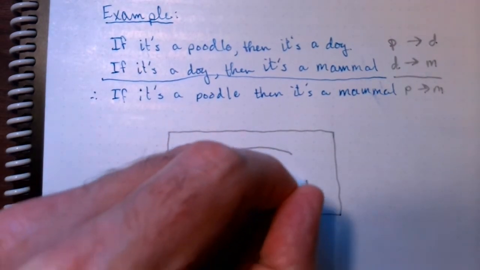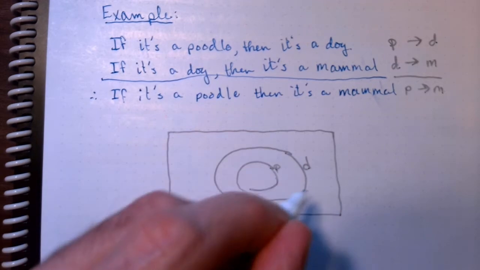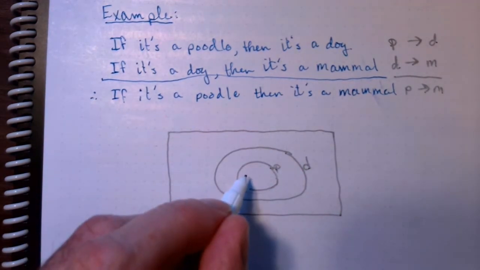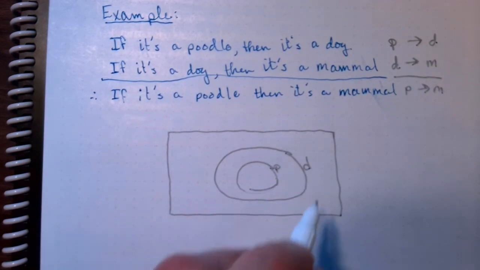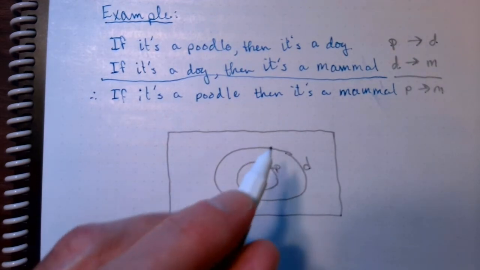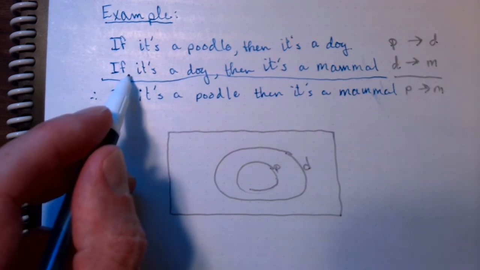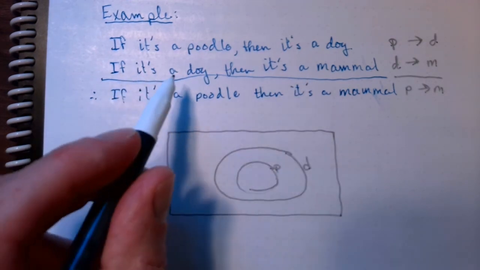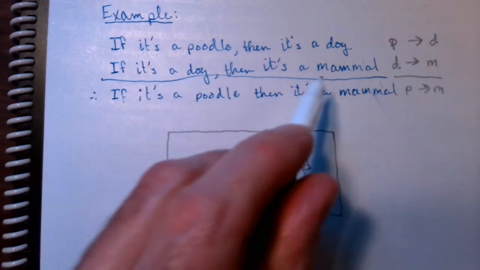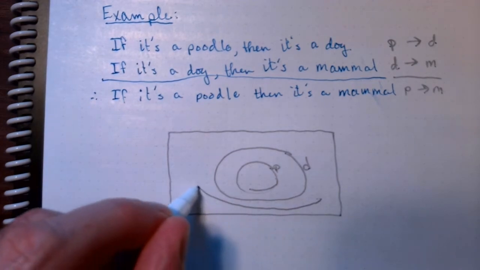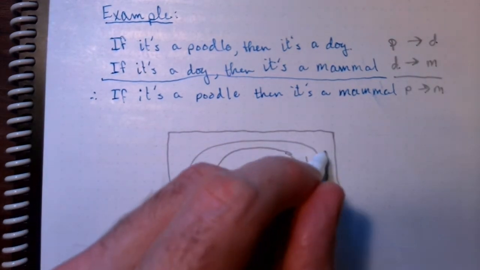And by that first statement, the set of all poodles is contained in the set of all dogs. So P for the set of all poodles, D for the set of all dogs. Now, the second premise is about the set of dogs and the set of mammals. It says the set of dogs is contained inside the set of mammals.